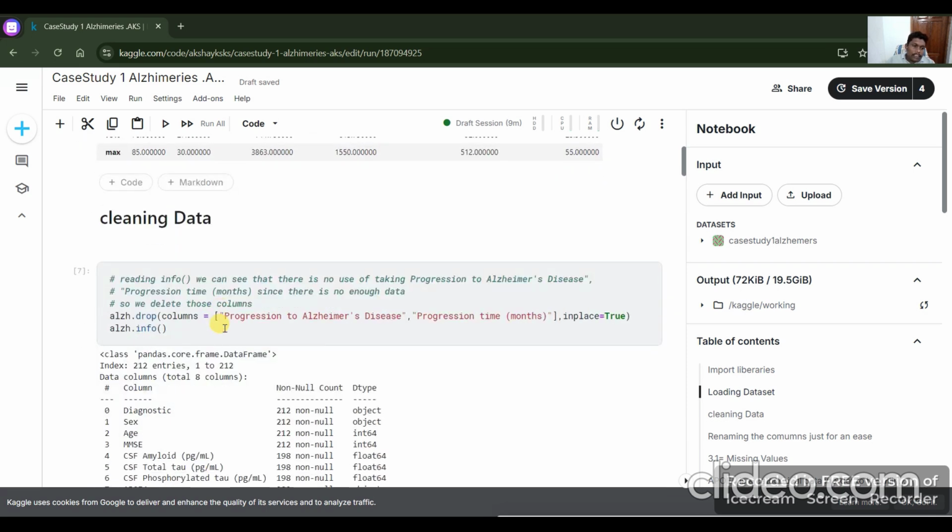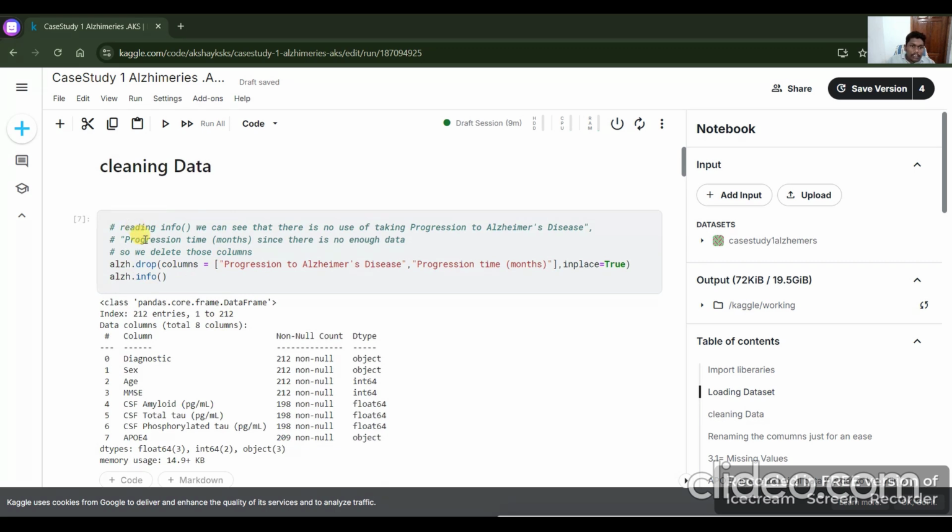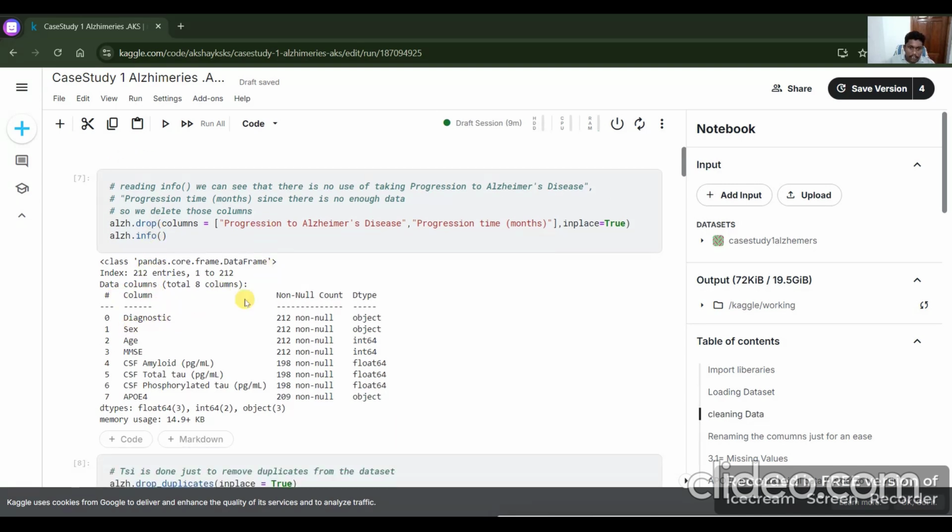Here we use drop with columns equal to progression to Alzheimer's disease and progression time in months, with inplace equal to True, and then call info. We can see the cleaned dataset.